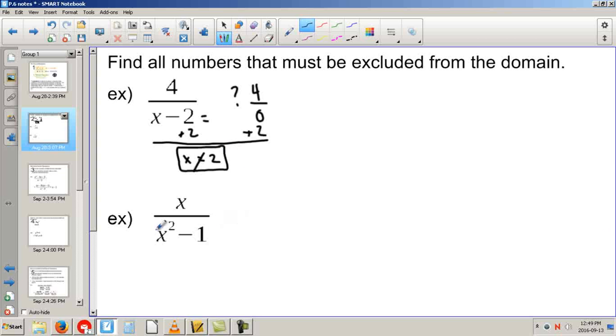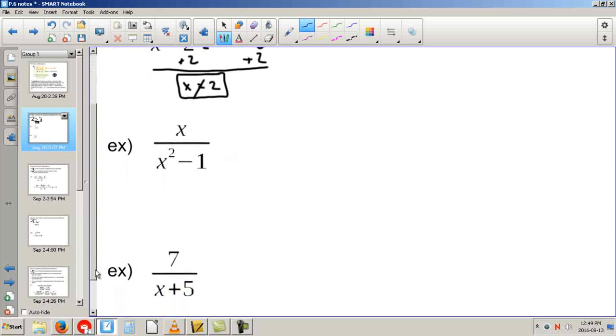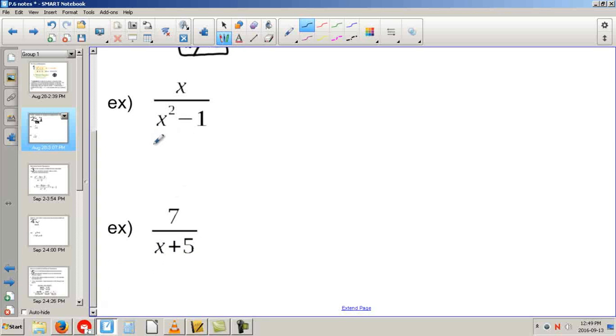Down here, when I look at the next problem, we have x over x squared minus 1. The fact that this is x squared makes me think about factoring, which we talked about in the past. In fact, this looks a lot like a difference of two squares. And so this does factor as x plus 1 and x minus 1. Well, what would make either or both of them 0? Here, if x was negative 1, plus 1 would be 0, and 0 times whatever's over here would turn out to be 0.